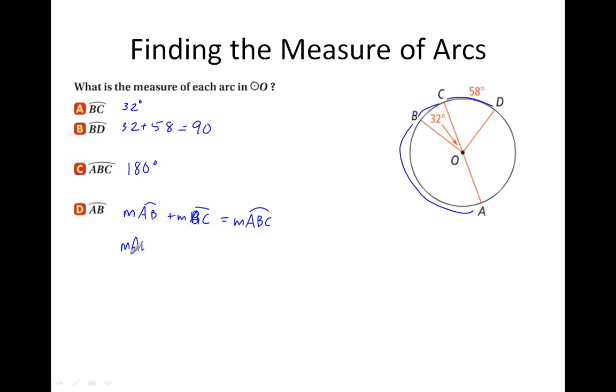So the measure of arc AB plus, if I substitute in 32 for the measure of arc BC, equals 180 because that's the measure of our semicircle ABC. Subtract 32 from both sides. The measure of arc AB is 148. Works the same as the segment addition. We just did it a little backwards.